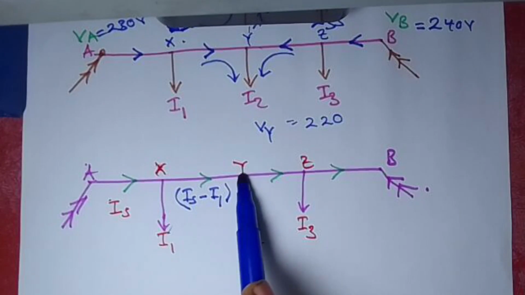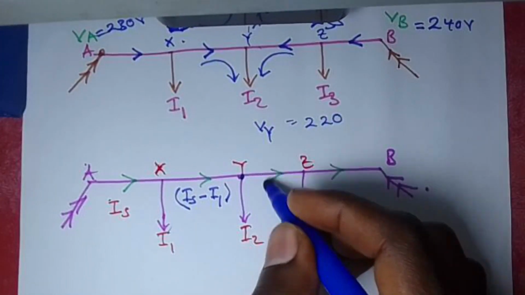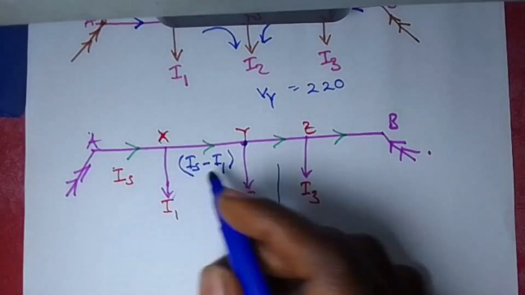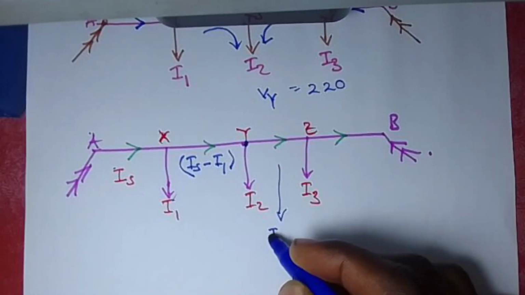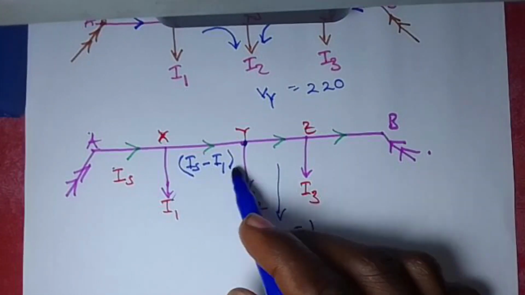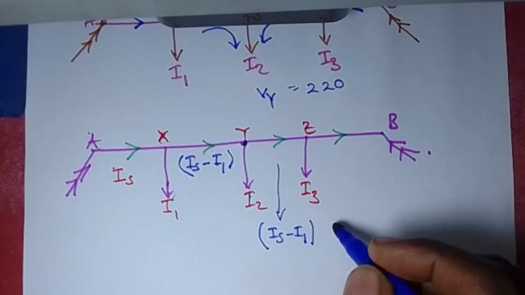Same way we shall apply the same principle here. So this will be the current flowing here. Let me pull it down here, and I'll say the current flowing there is going to be IS minus I1. But this whole thing is going to be subtracted minus I2, because it's what we are tapping off.